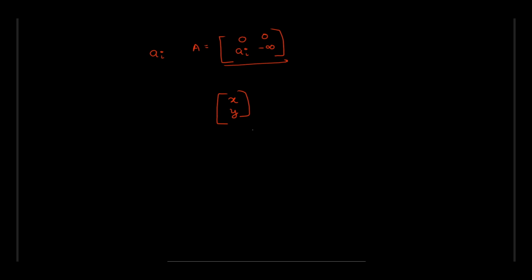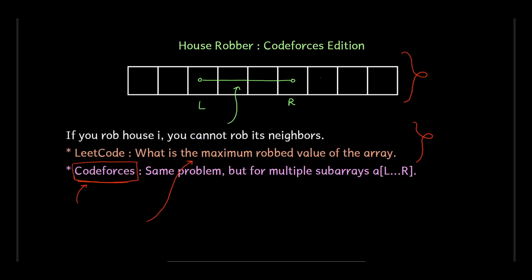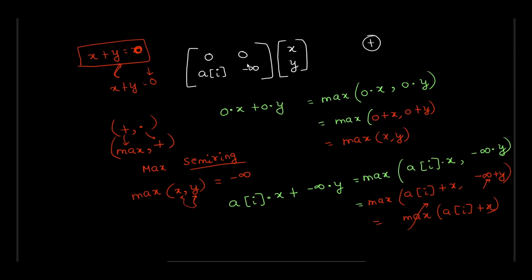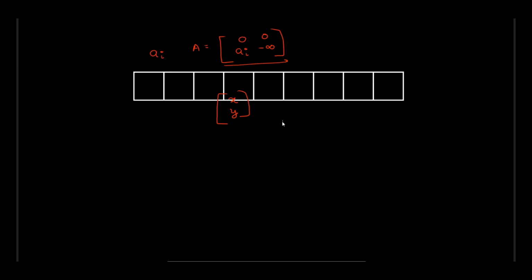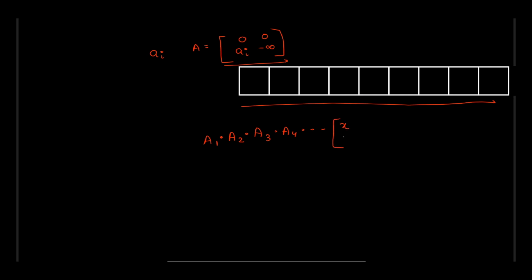So if you are dealing with this array, then to compute the dp value of this entire thing, your answer is simply a1 into a2 into a3 into a4 up till an, and then this is simply x y, and x y's are the starting point of the recurrence, which is the dp value of the first house in isolation.